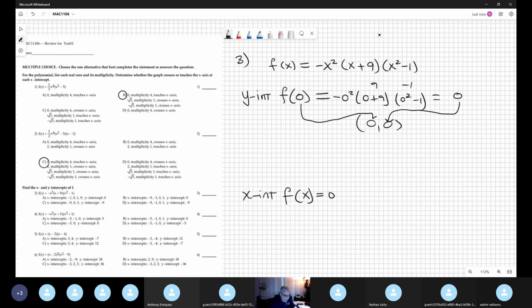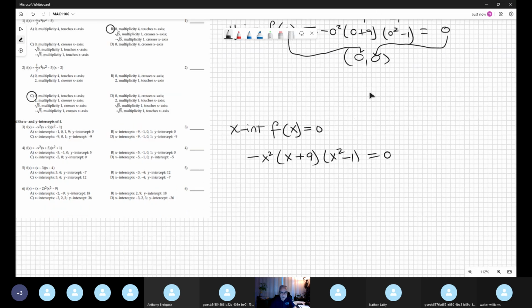Number 3, we are doing. Now the other is similar to what we were doing before: minus x squared times (x plus 9) times (x squared minus 1) equal to 0, so you copy again. Then you separate, zero factor property one more time. x squared equals 0.